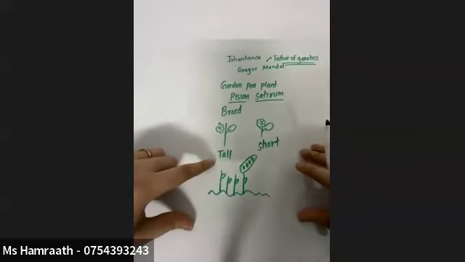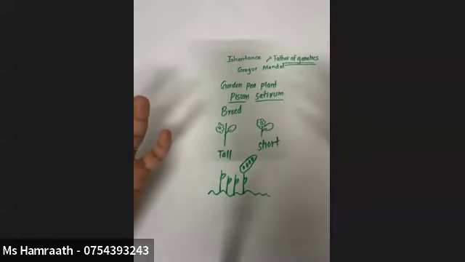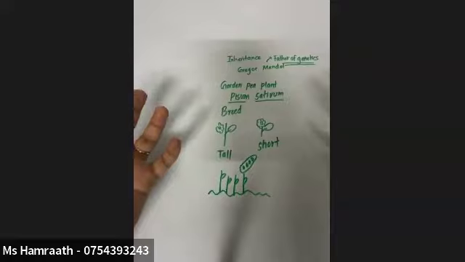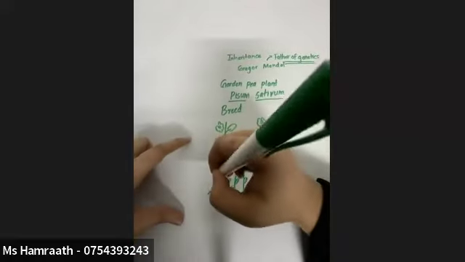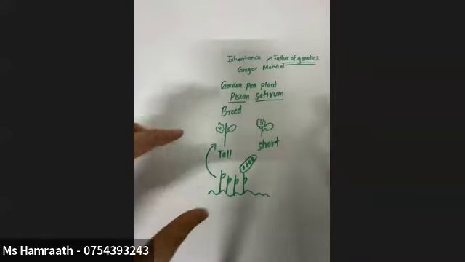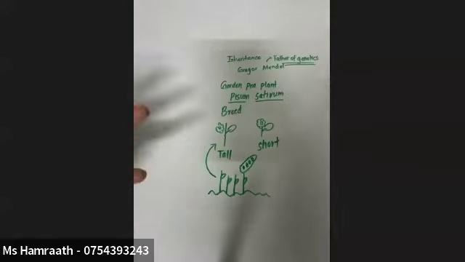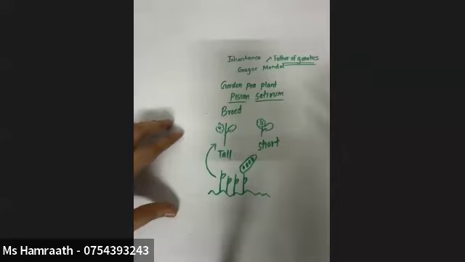Now what are the two characteristics he chose? He chose the tall characteristic as well as the short characteristic, right? The plants are showing the characteristic of the tall plant. That means there are two types of characteristic, tall and short. Can you tell me whose characteristic is dominant here? Is the tall plant's characteristic dominant, or the short plant's characteristic?